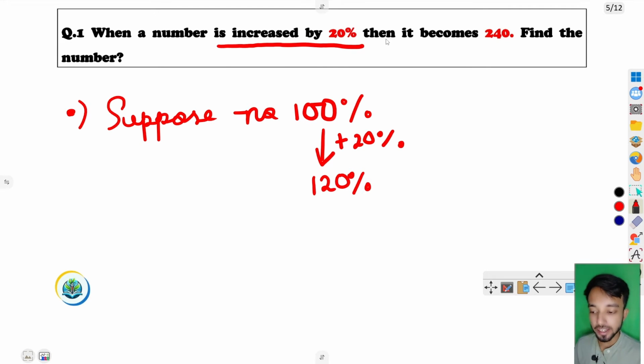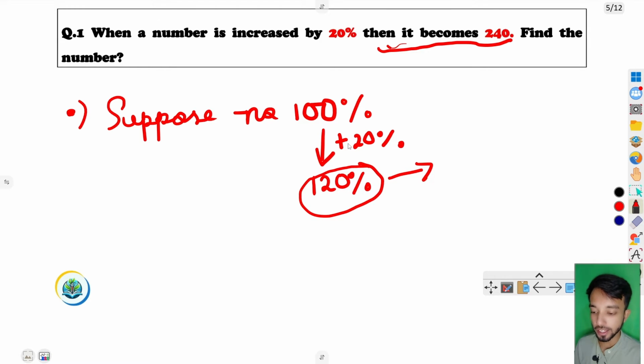It's given that the number becomes 240. When the number is increased by 20, its value becomes 240. That means when 100 is increased by 20, that is 120, the value of 120 is 240. Now it is very easy.